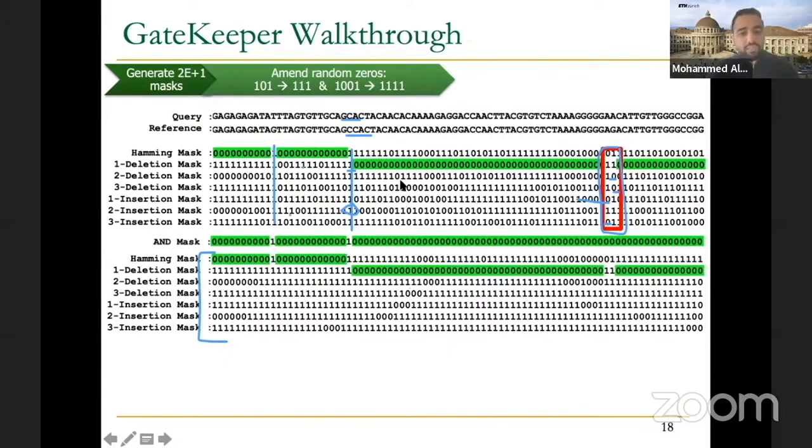Whenever we have a single zero, just switch it into 1. Here we have 3 zeros, we don't change it into anything. That's why we still get it over here. This 0, for example, we change it into 1. As you can see here, you got vectors that have fewer zeros, or fewer random zeros. And then do the AND operation. Let's see what will happen.